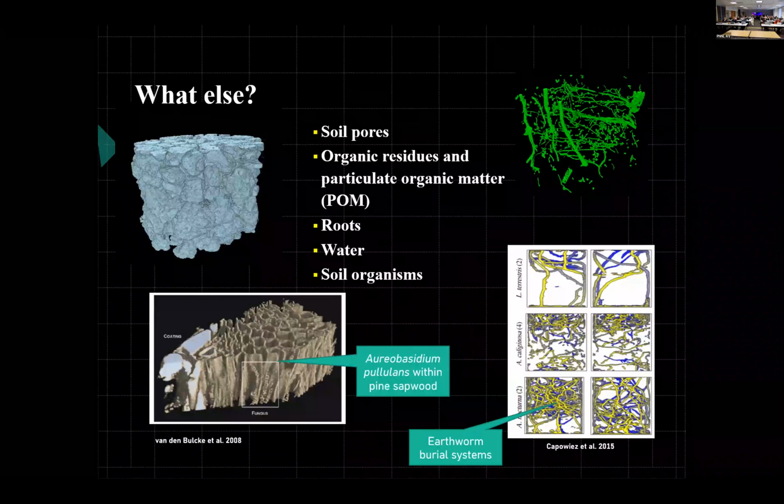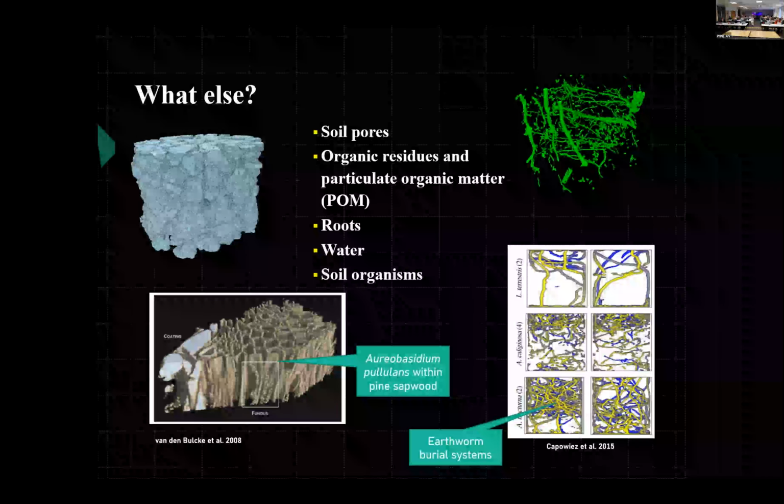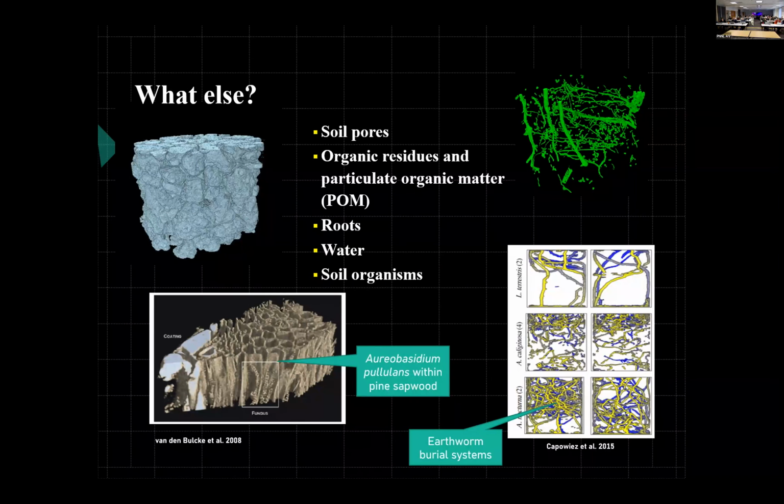A couple of things. Those soil pores and organic residues are what we in our lab work with primarily. As was discussed, roots can be very nicely visualized, and there are a number of research groups across the world who made it their business to do it very effectively. You can see water, even though that is a tricky business.